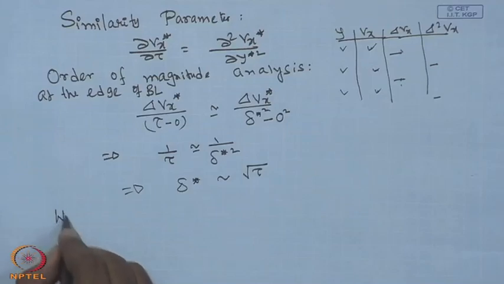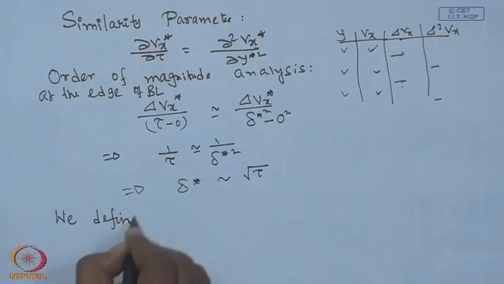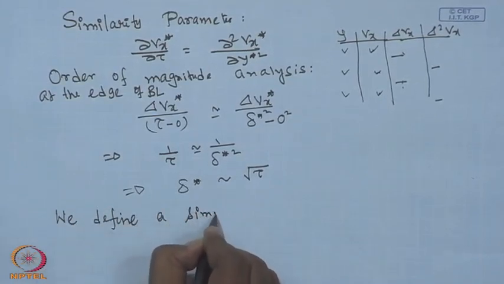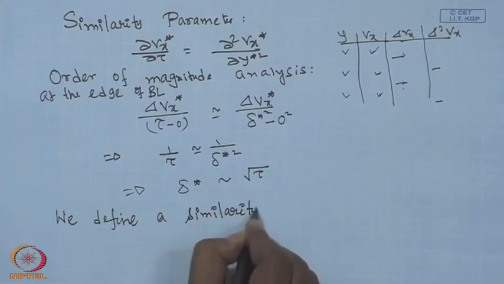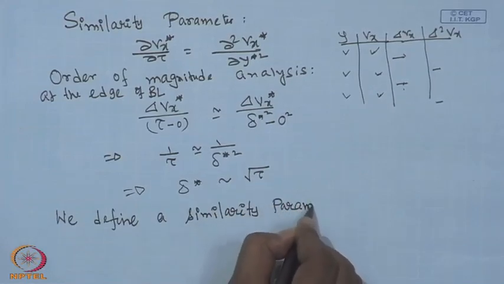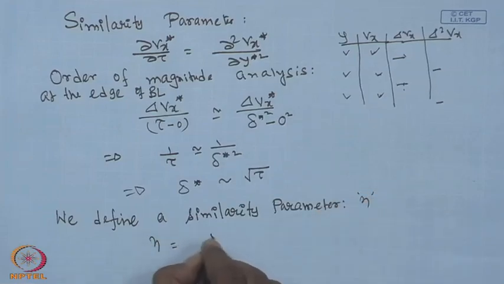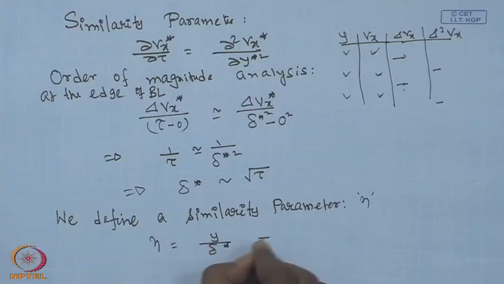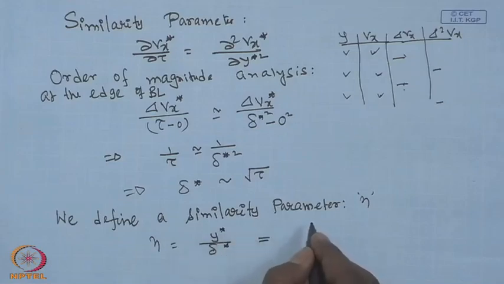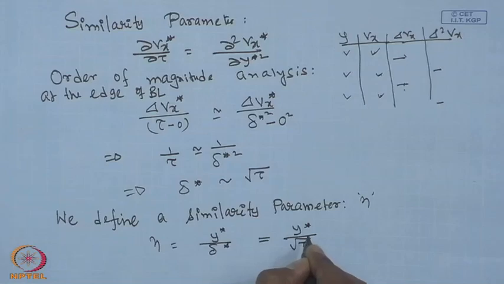So, we define a similarity parameter eta, which becomes y by delta star. So, this eta becomes y star divided by root tau. This becomes a similarity parameter.